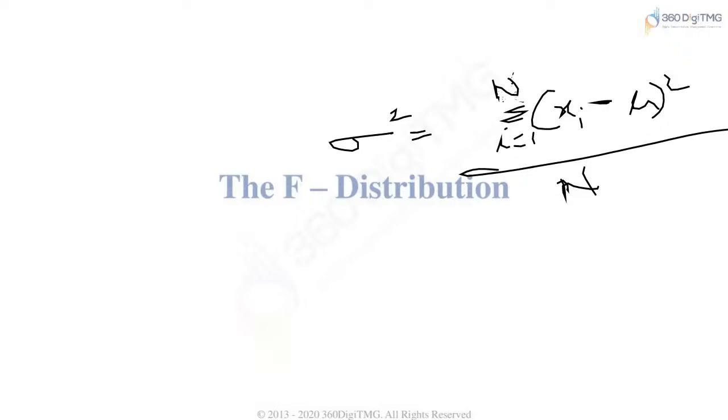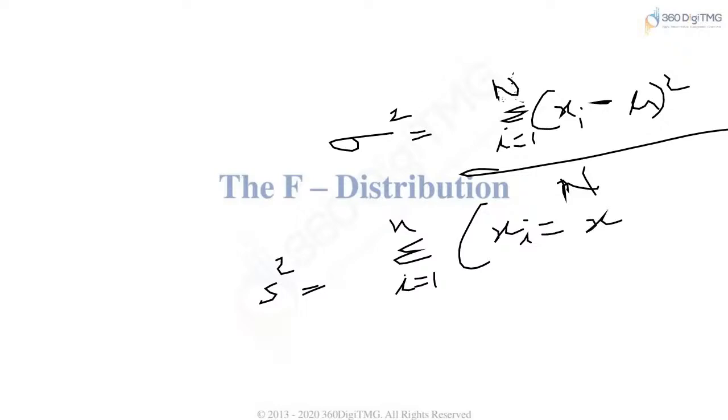This is a clear-cut case of the formula, but when you have the same thing as the sample variance, the sample size is denoted by lowercase n, and now because we do not have the population data, we have to use the sample mean, and ideally use the same formula.